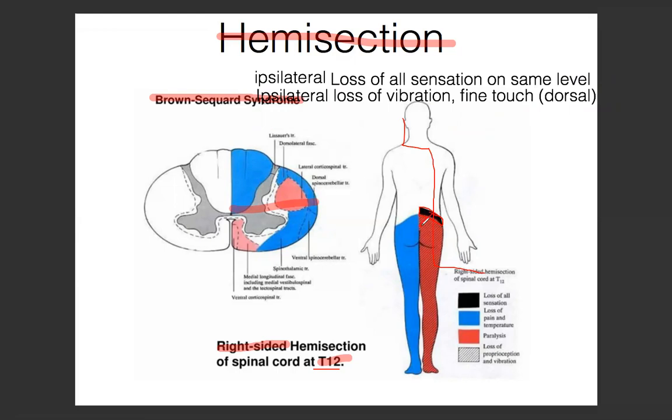Make sense? So we're losing all sensations on the same side at the same level because we got cut off from all the innervation. And then we lost the dorsal column on the same side because it was not crossing over. So it was supposed to go all the way up and then cross to the other side.